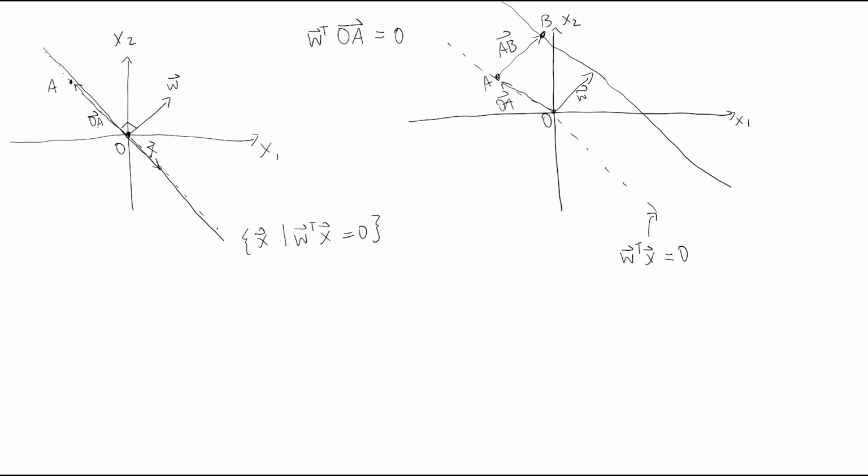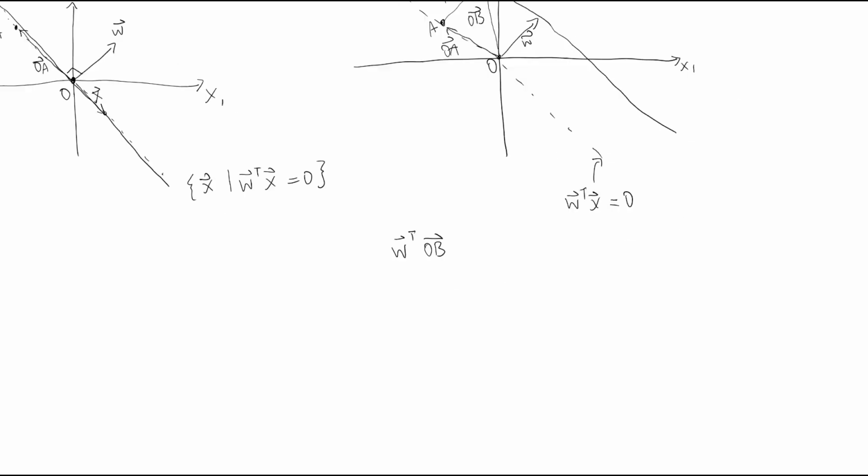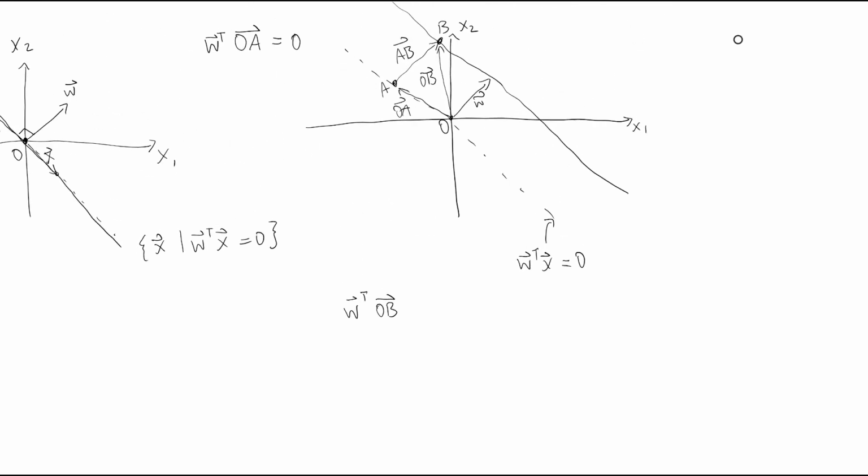So let's take a look at the point B, and let's do W transpose OB. OB is the vector going from O to B, and we take the inner product of W with OB.